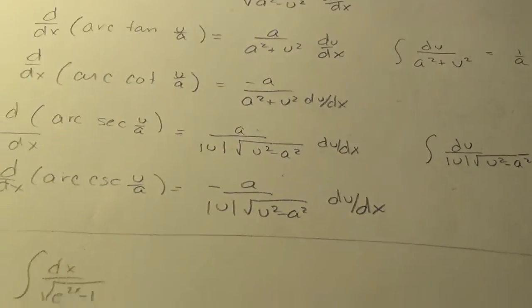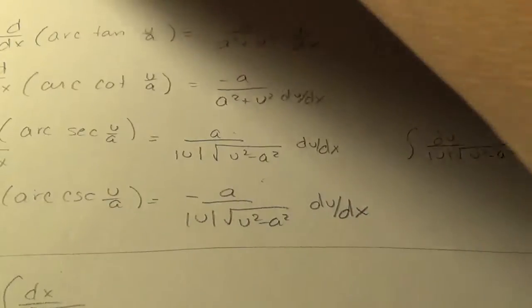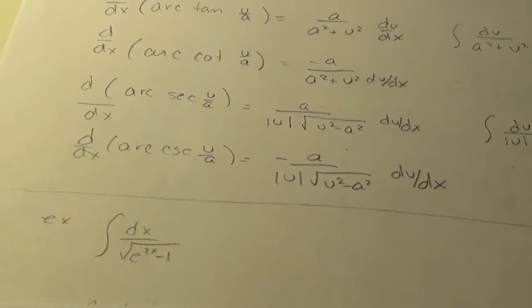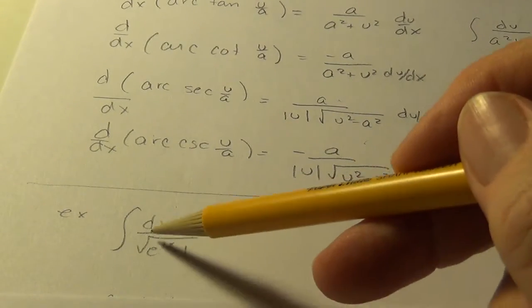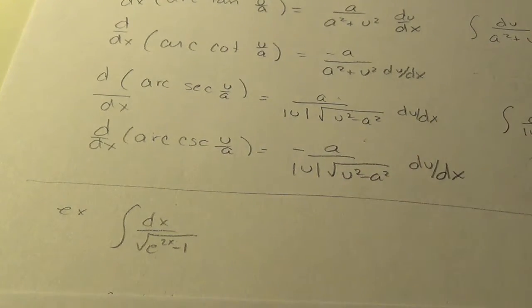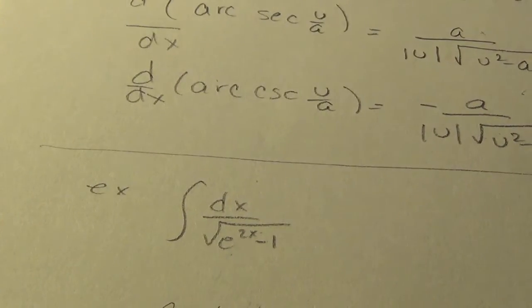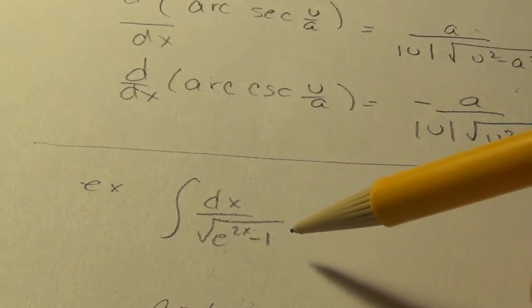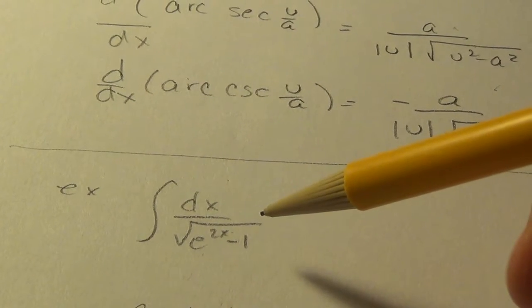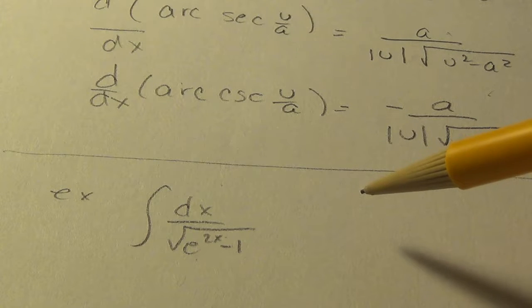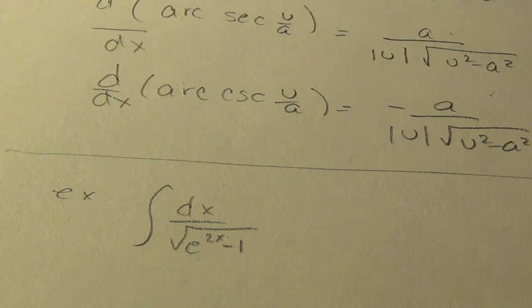Let's do an example. So the example is the integral of dx over the square root of e to the 2x minus 2. Alright, that's the e to the 2x there. So I'm going to recognize that that's lining up to be one of these.